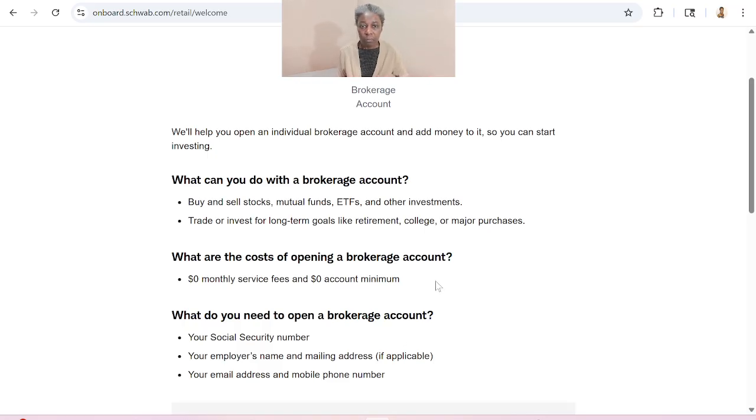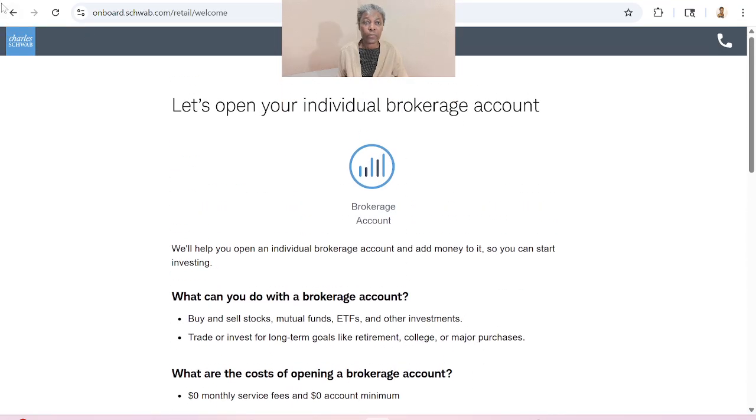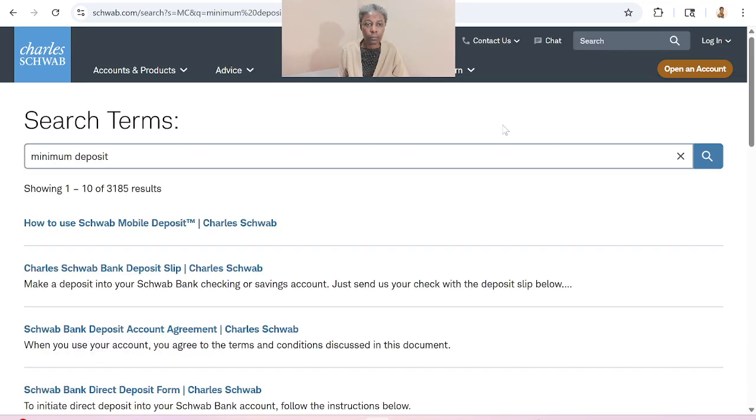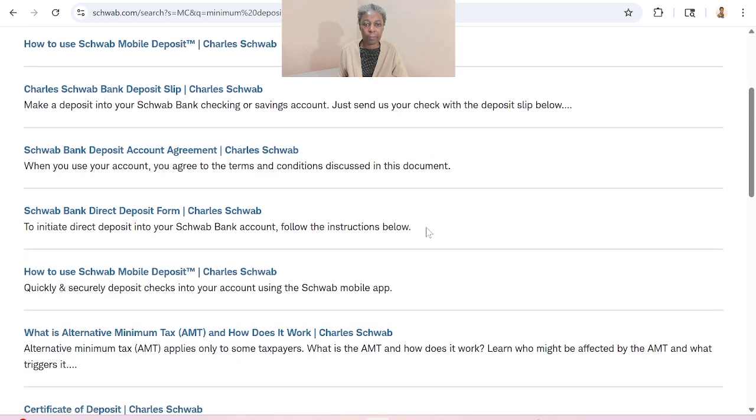And we can even try to search it and see minimum deposit, for instance, to see if we'll find anything about it.